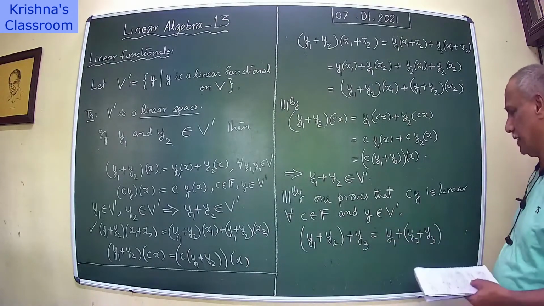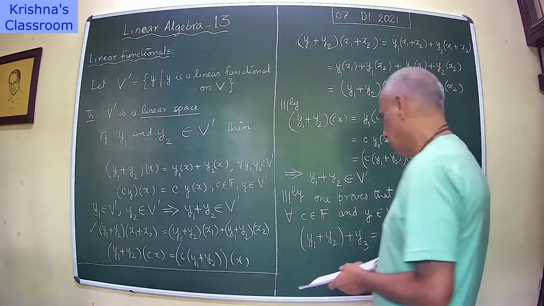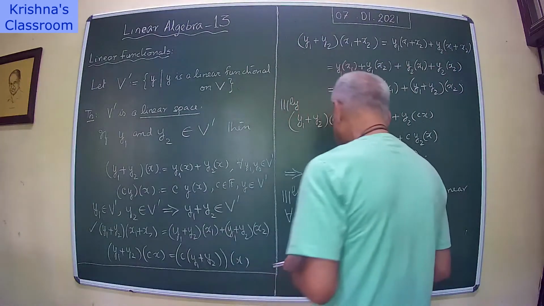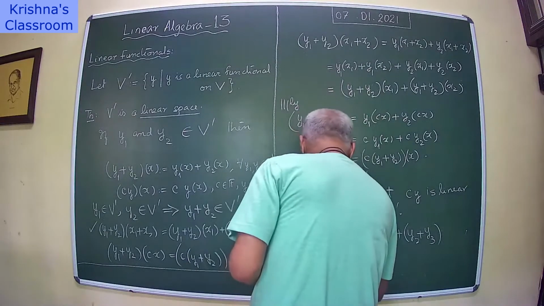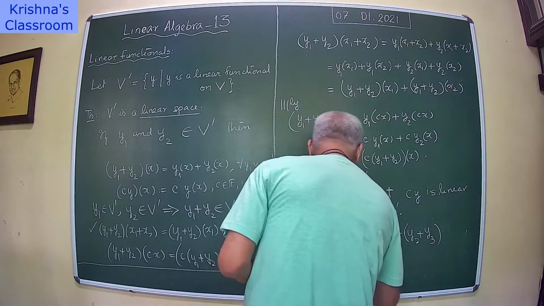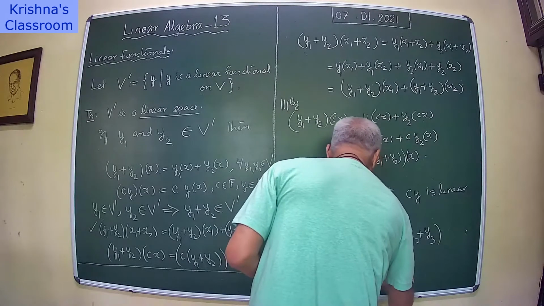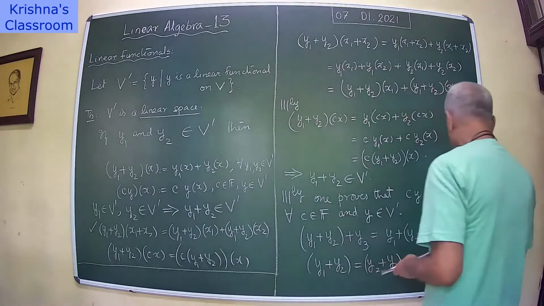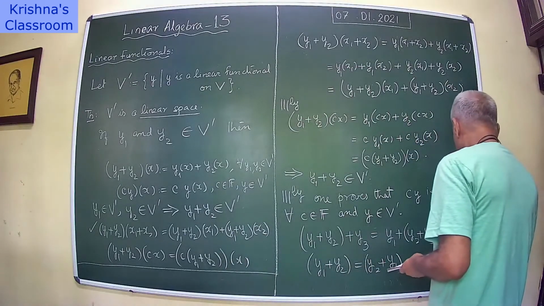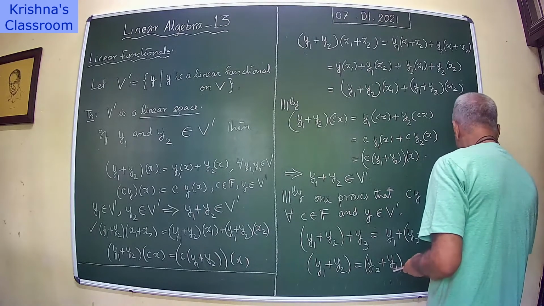We have to use that. So one verifies this. Then similarly, you have y1 plus y2 equal to y2 plus y1. This is true for all y1, y2, right?